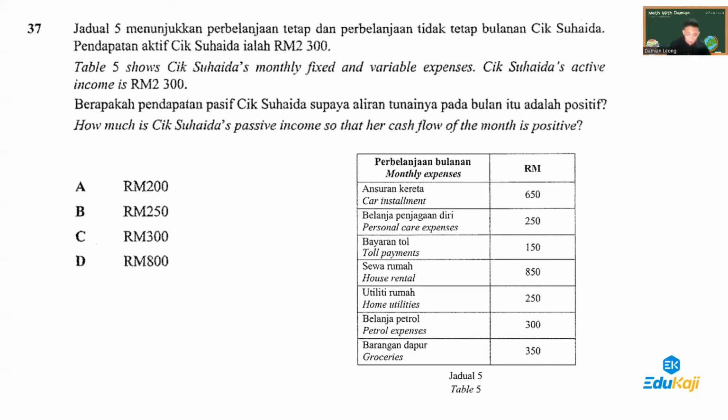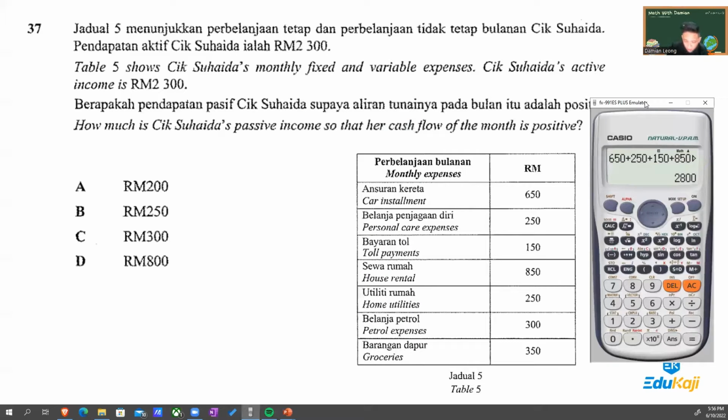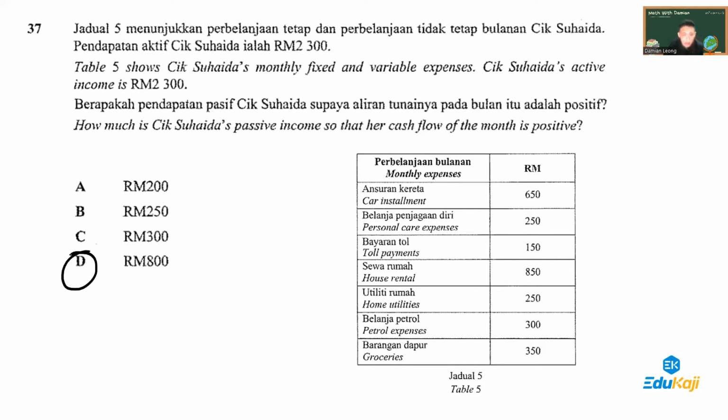So if I count all the expenses here, 650 plus 250 plus 150 plus 850 plus 250 plus 300 plus 350 is 2,800. So if I minus 2,300 means it has to be at least 500 ringgit. So it must be D.